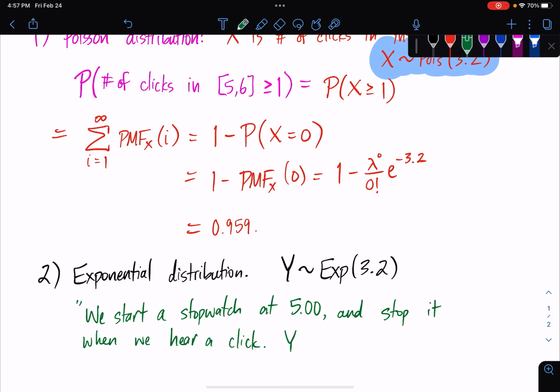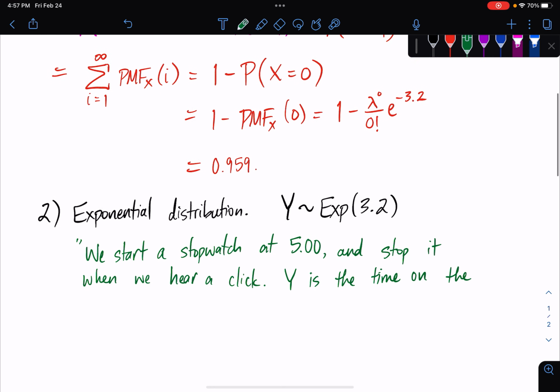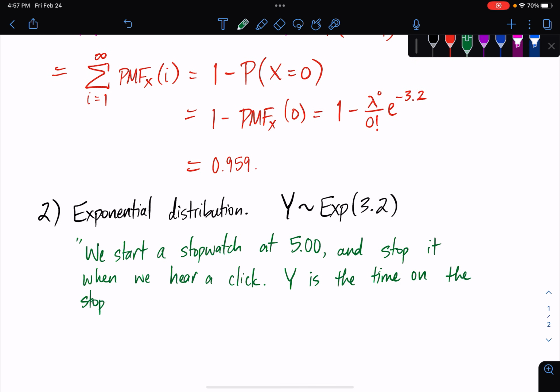Then Y is the time on the stopwatch after we've stopped it because of the click.